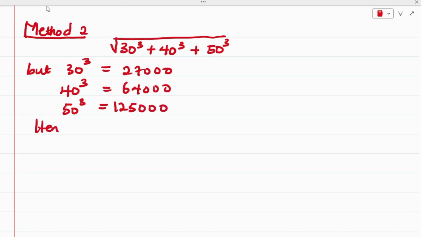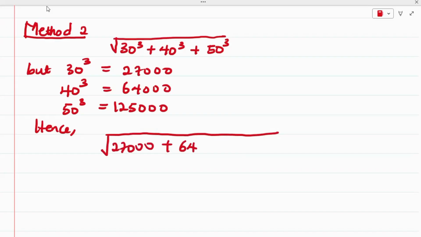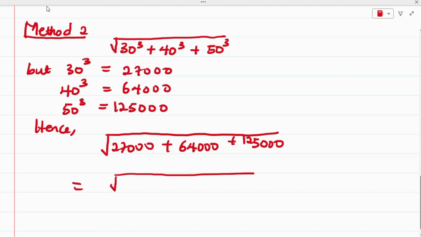So hence, putting this into the equation, we are going to have this to be the square root of 27,000 plus 64,000 plus 125,000. So this is equal to the square root of, now adding all of this together, we're going to have 216,000. And 216,000 can be expressed as 216 multiplied by 1,000.